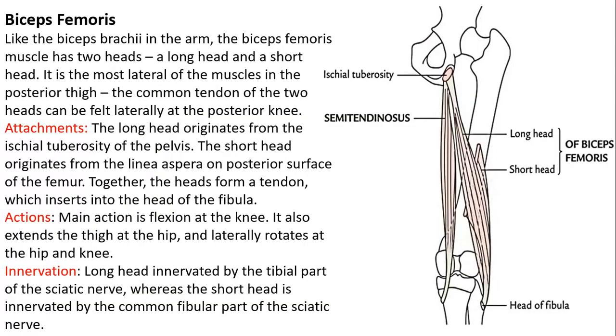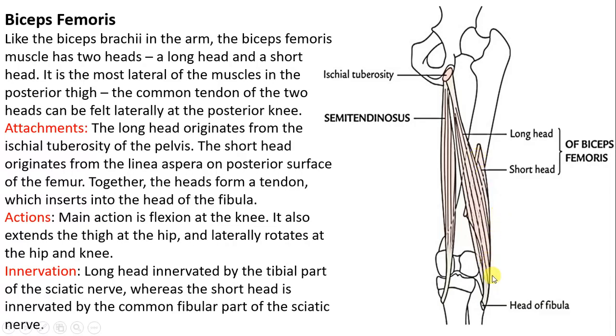Next is the biceps femoris. Biceps means having two heads. One is the long head and the other is the short head. The long head originates from the ischial tuberosity, while the short head originates from the posterior surface of the femur.